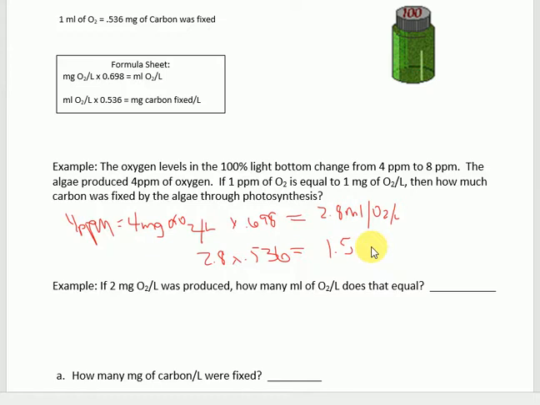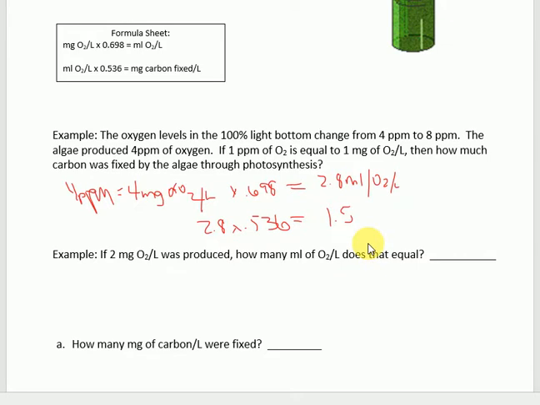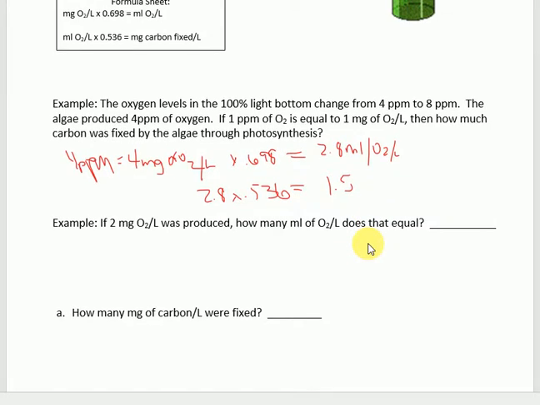Example 2: if 2 milligrams of oxygen per liter was produced, how many milliliters of O2 per liter does that equal? And that's just a matter of converting. So we're going to take our 2, and multiply that by 0.698, and that's going to equal 1.4 milliliters of oxygen per liter. Again, make sure that you are using your units.